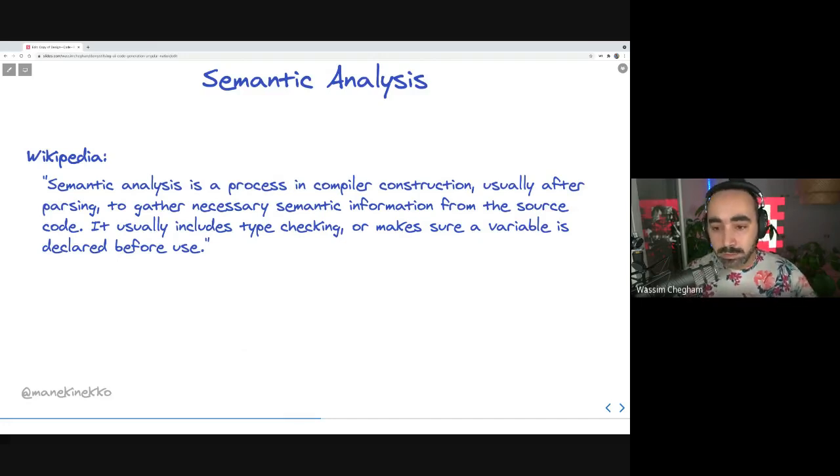For instance, this is where we do type checking or make sure that you declare a variable before using it in your JavaScript code. This is meaningful information that the compiler will use in order to better understand the code that you're writing.